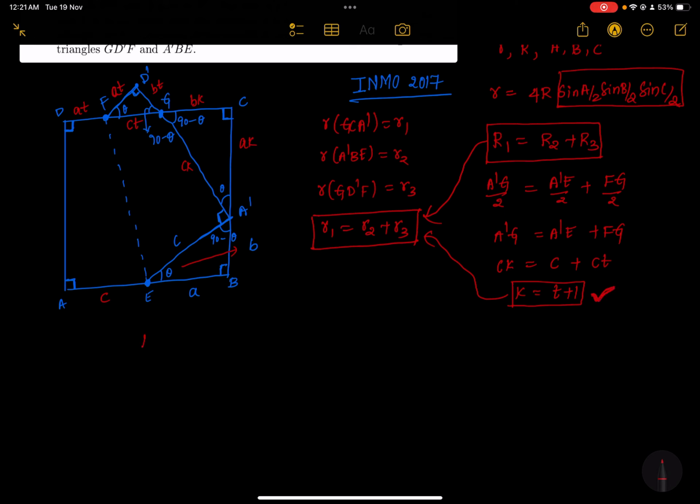Since this is a square, AB is equal to BC is equal to CD. And this is also equal to A dash D dash, because before folding A dash D dash was AD. So the length will not change. So now AB is A plus C, which equals BC, B plus AK, which equals CD, BK plus CT plus AT, which equals CK plus BT.